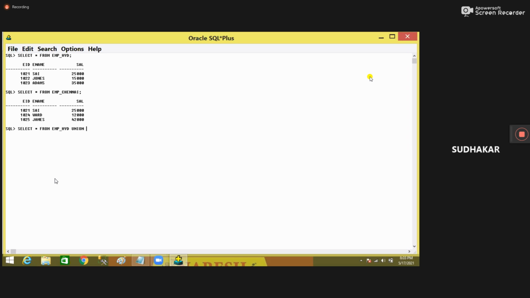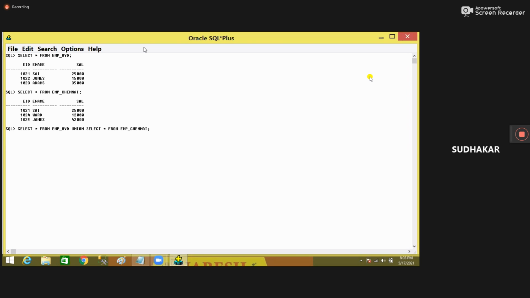Which operator is suitable to combine all? Union operator, and I'm giving select star from EMP underscore Chennai. As per my requirement, the suitable one here is the union operator, otherwise union all can also be taken.